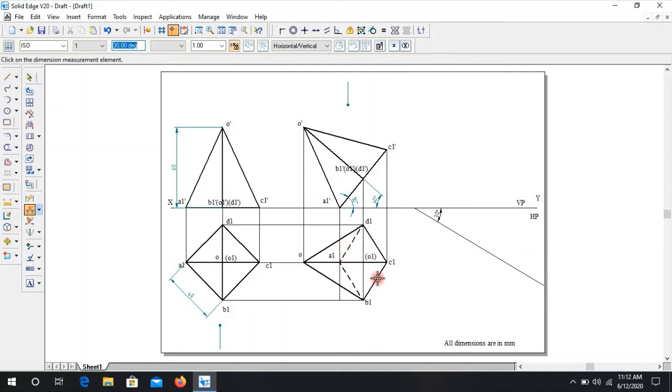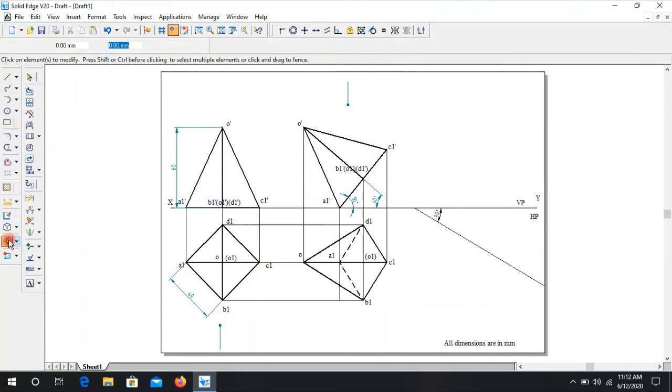You know how to copy this diagram from second step to third step. In manual method, you have to look at each and every point in this diagram and you have to connect these points. Using software, I can directly copy paste this diagram from second step to third step.